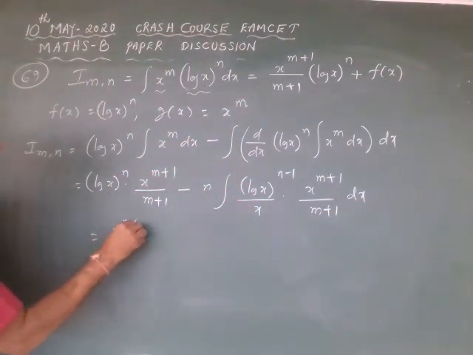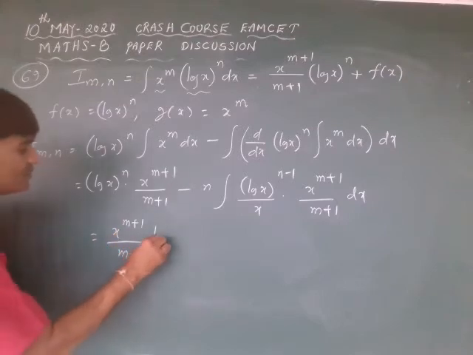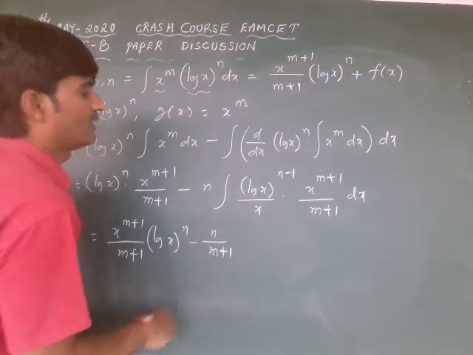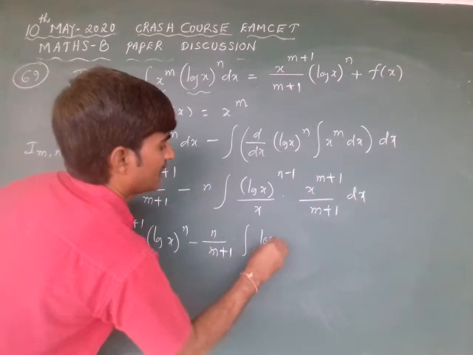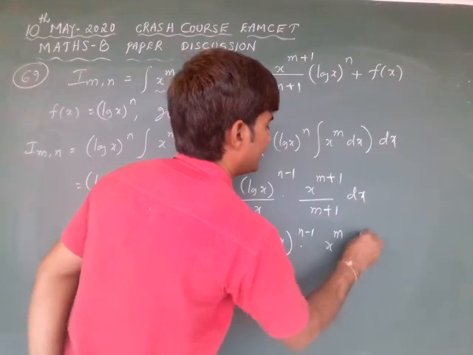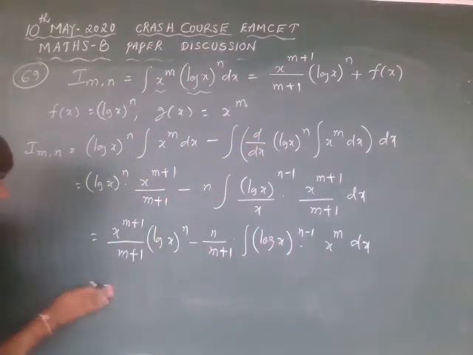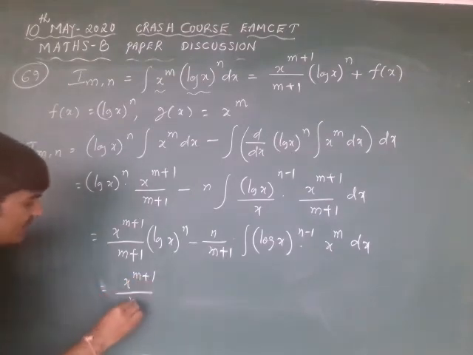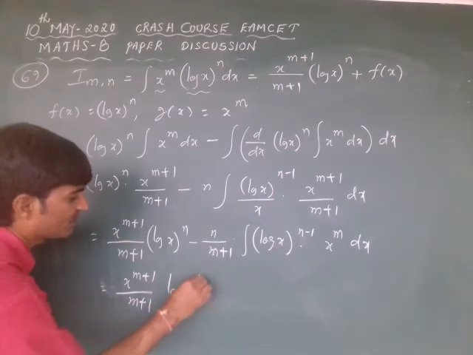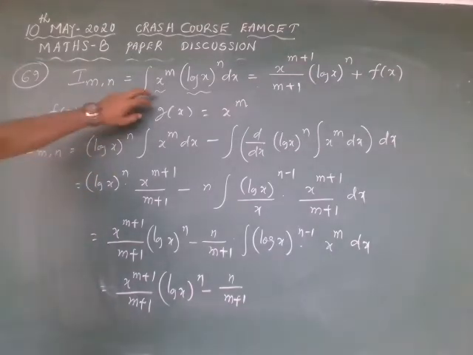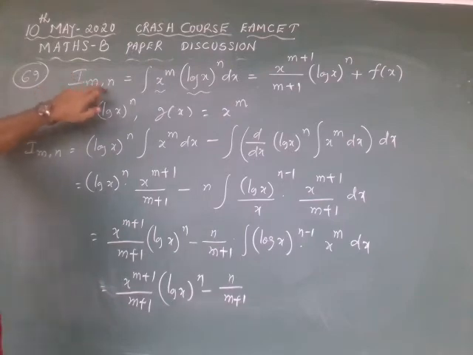that is equals to x to the power of m plus 1 divided by m plus 1 into log x whole to the power of n minus n divided by m plus 1 into log x whole to the power of n minus 1 into x to the power of m dx, simply written as, that is equals to x to the power of m plus 1 divided by m plus 1 into log x to the power of n minus n divided by m plus 1 into integral log x power n into x power m, which is written as I m comma n.